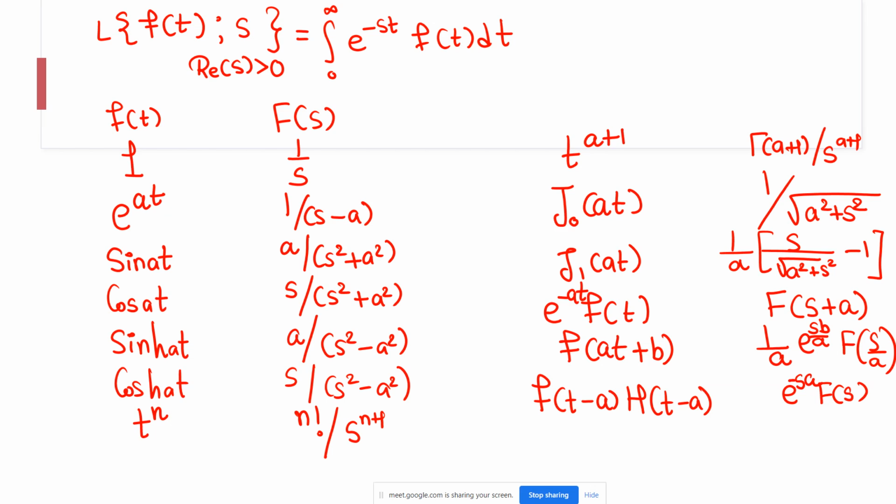All the formulas are necessary for any examination where integral transform is asked, right? These are nothing but the same slide that I wrote earlier. Just for a few seconds, go through it once. We'll see it again if it is required.